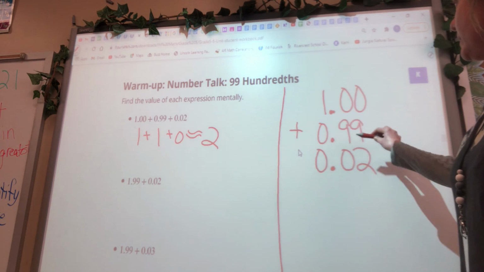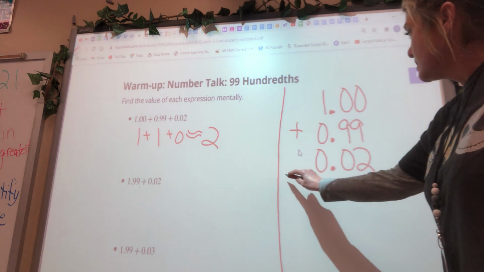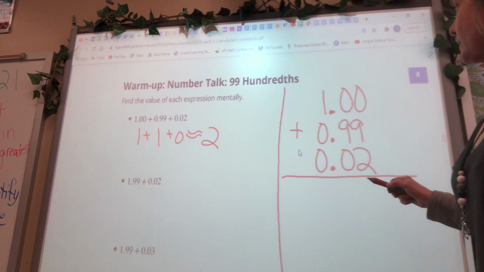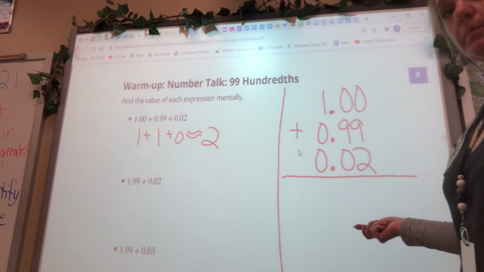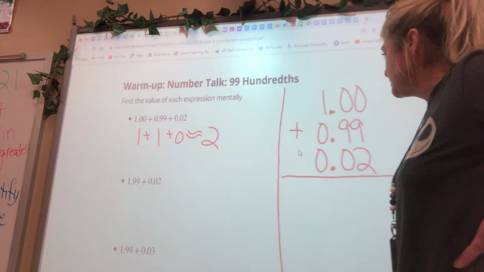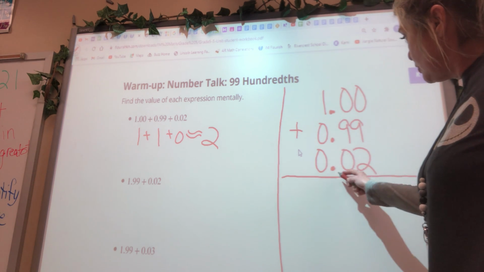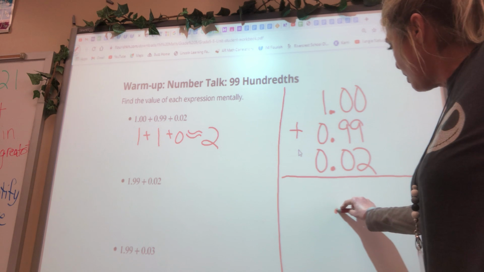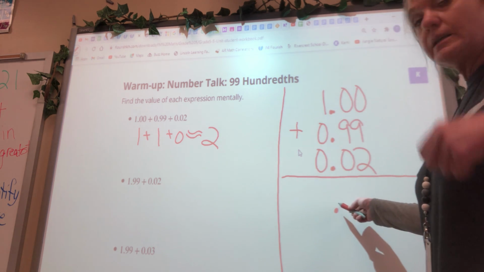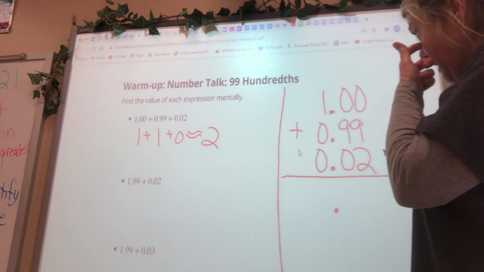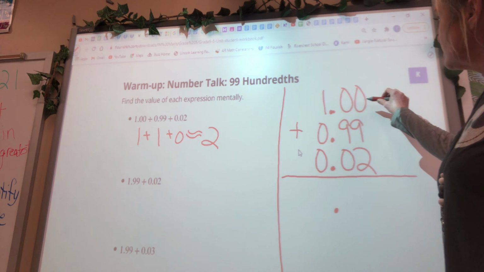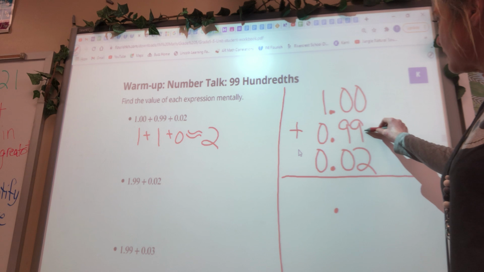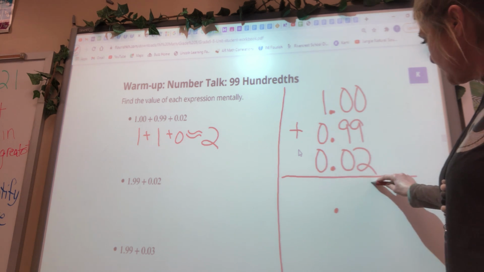Okay, we have our 3 numbers. We know we're adding, so we draw our line. And just like in the problem, when you find the sum, which is just the answer to an addition problem, you go ahead and you line that decimal place up all the way down, even into the answer, into the sum. And then you add like always. We would start with the ones place. 0 plus 9 is 9, plus 2 is 11.